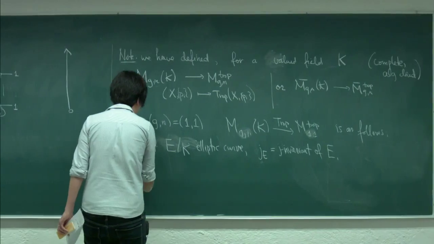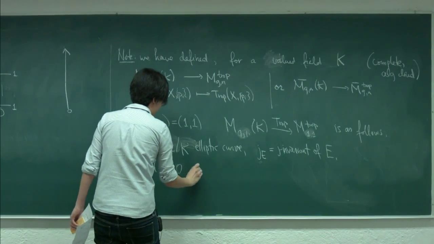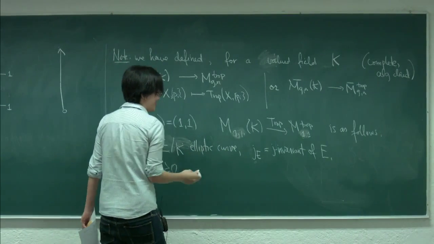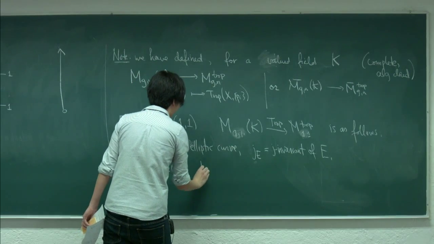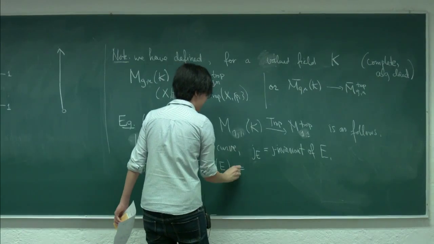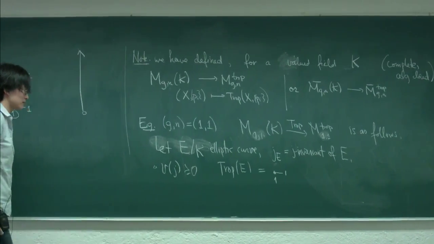Now, it turns out that if the valuation of j is non-negative, then you're in the good reduction case. In the language of tropical geometry, this amounts to the fact that the tropicalization of E is the single vertex tropical curve.